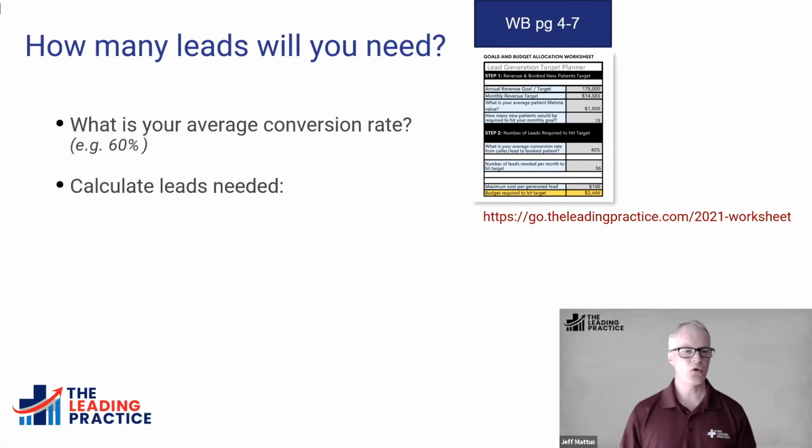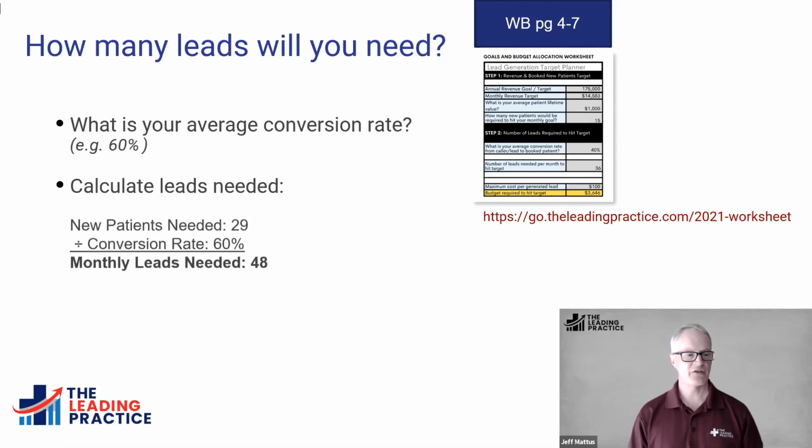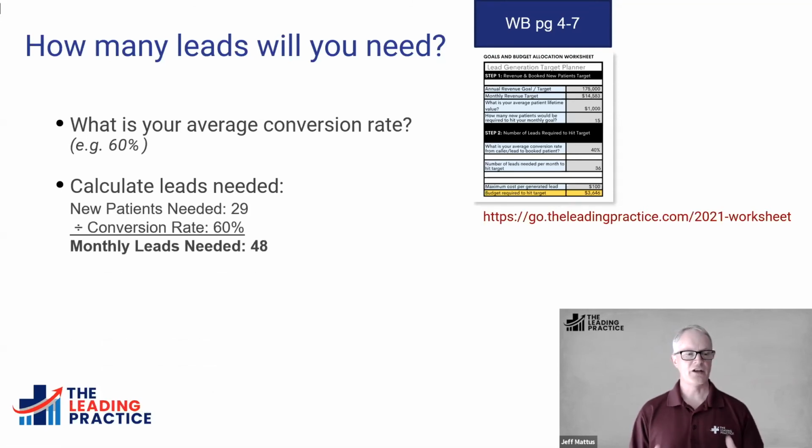We have to look at what our average conversion rate is. So when a lead comes in, let's say you have 100 leads that would come in, how many of those actually convert into being a new patient? For our scenario here, we're going to use 60%. Yours may be higher or lower. We encourage you to use your number. So what does that mean for the calculation? We take the number of new patients needed, in our example, 29, and we divide that by our conversion ratio.